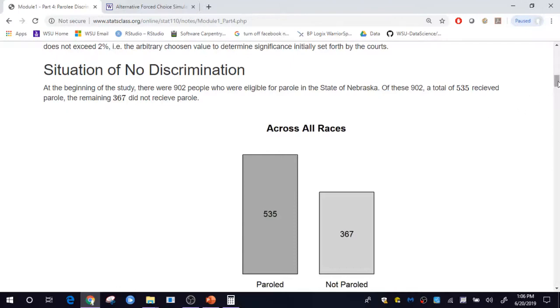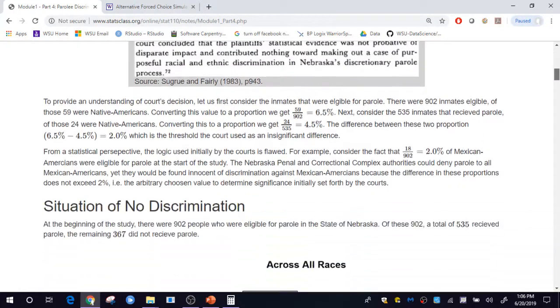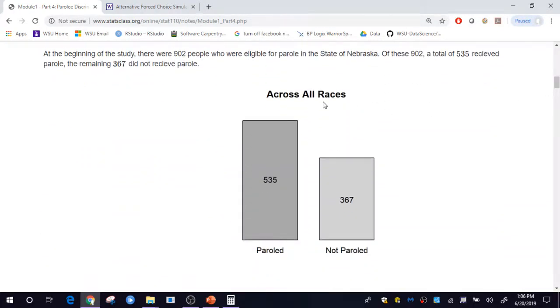There were a total of 902 individuals that were eligible for parole, and 535 of those received parole. So if we look at this in two buckets, there were a total of 902 individuals, 535 received parole, and 367 did not. And these numbers, again, are obtained across all races.